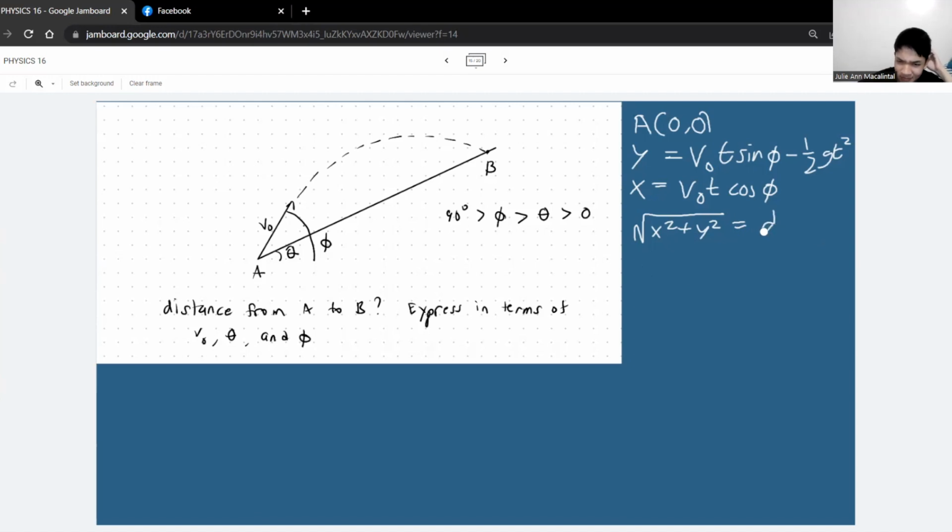Tapos, wag nating gamitin yung x and y kasi kaya siya nagiging magulo, kasi yung x and y natin, ni-define natin as position of the particle as a function of time. Kasi, pag nag-iiba-iba yung value ng t, yung D na yan does not represent the distance from A to B. That's actually the distance from the origin to the final location.